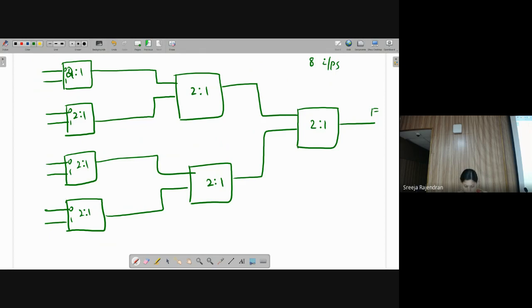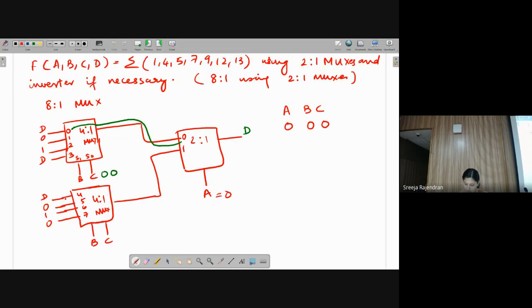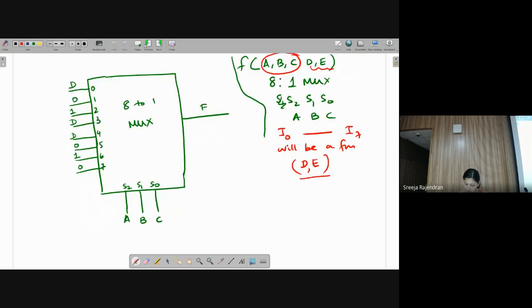Now, what were my A, B, C, D, right? Function is A, B, C, and D. So select line for this stage would be A. This would be B. All of them have C. So combination A, B, C, when it is 0, 0, 0, my input should be D. That is I0 should be chosen according to the diagram that we have here.